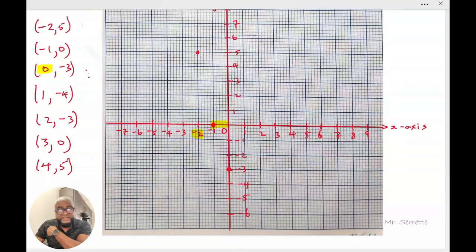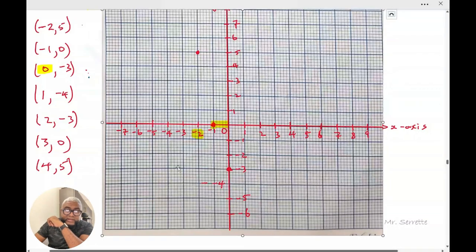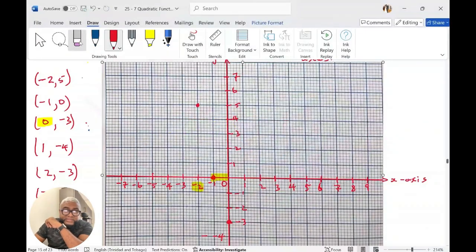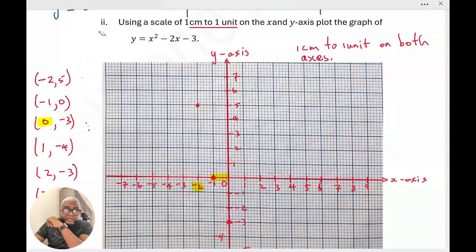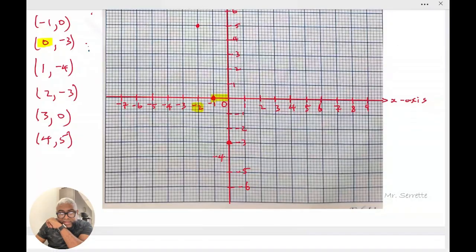Everybody seen my 3 coordinates here so far? Next coordinate, 1 on the x, negative 4 on the y. I don't know if I've got to move this here. Let's move this one alone. So negative 4 would actually be here, but watch it.